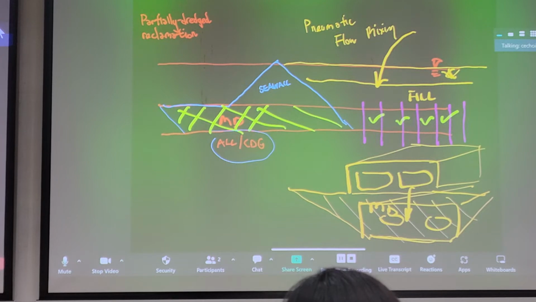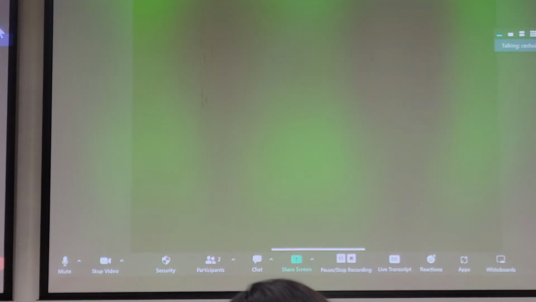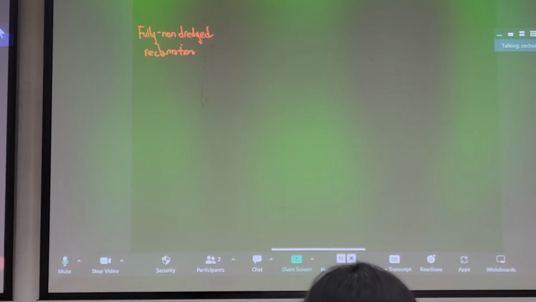Now, let's look at a fully non-dredged reclamation. Just like any reclamation, we would have a leading seawall to contain our reclamation.